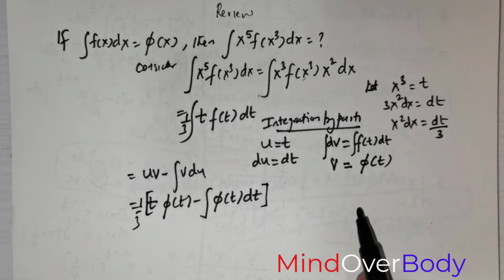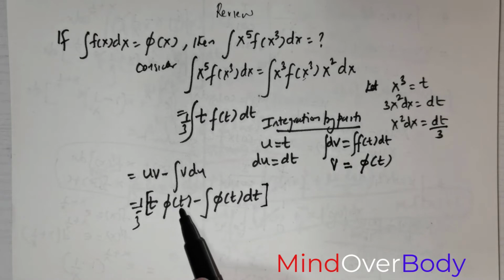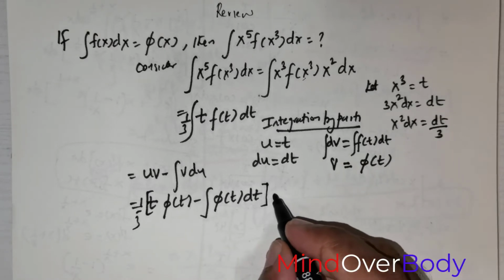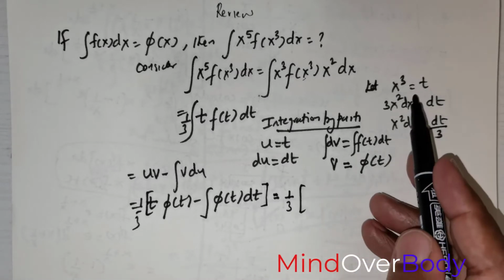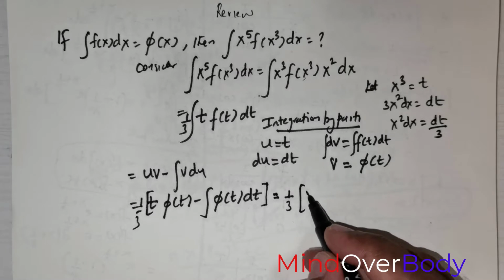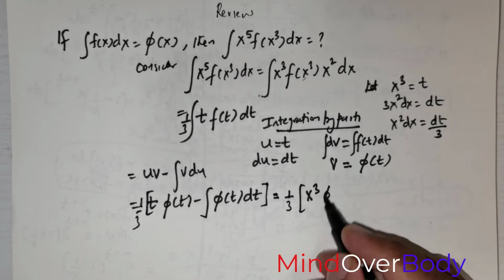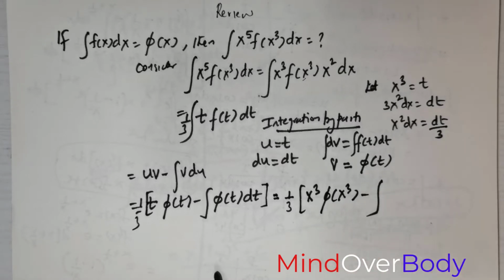Now I would revert every variable t found here to the variable x. So this is going to be equal to 1 over 3 times, in place of t I've got x cubed, and in place of t I need to place that x cubed, followed by a negative sign and the integral.